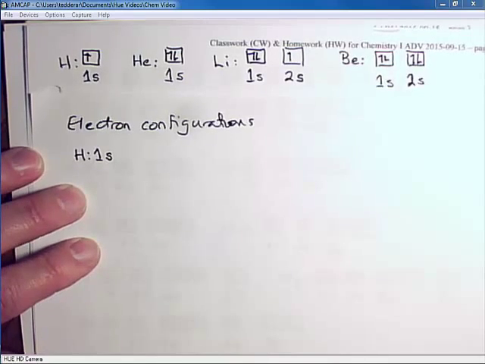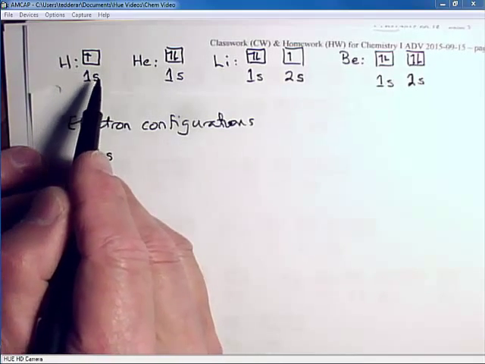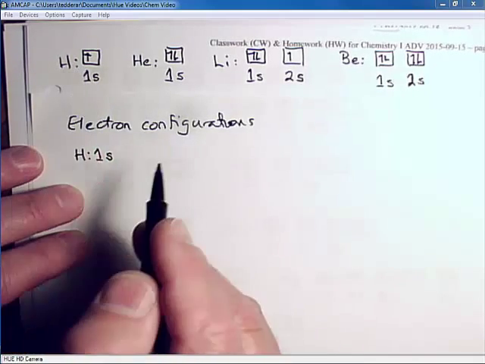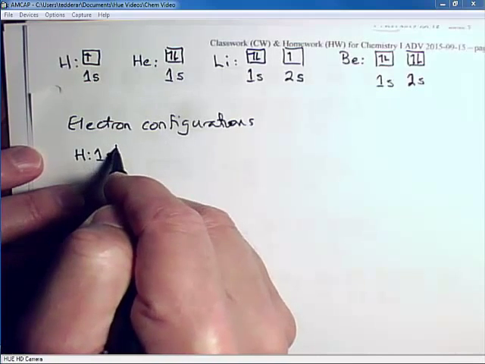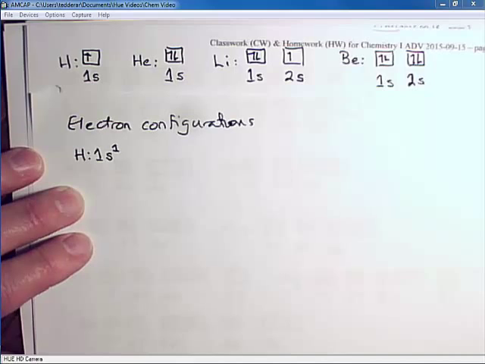There's only 1 electron in the s sublevel for hydrogen, so we make that a superscript 1. And that's the electron configuration for hydrogen.